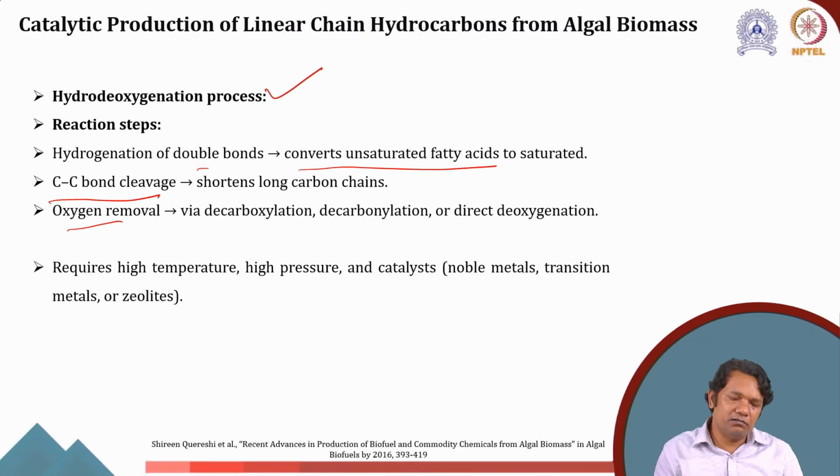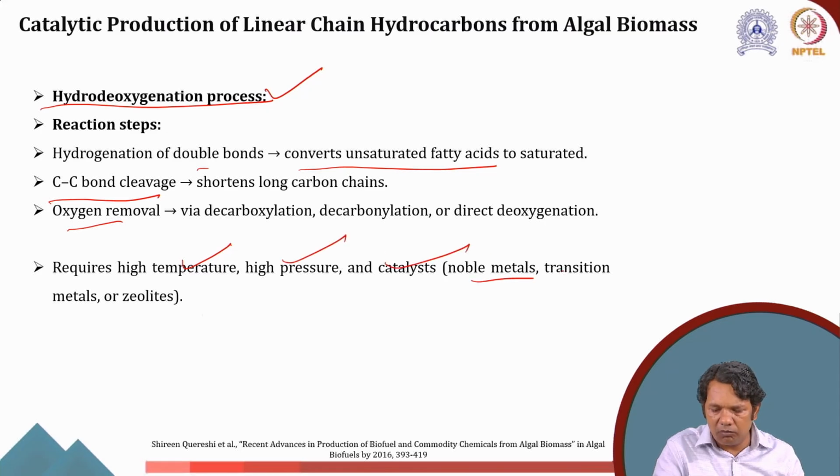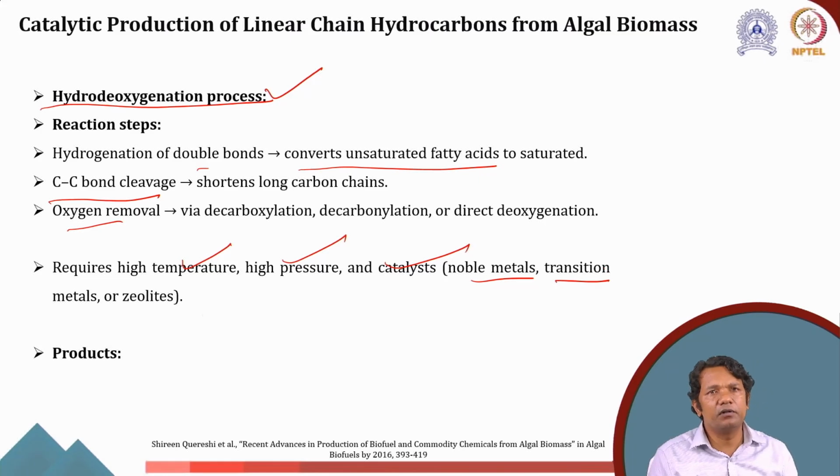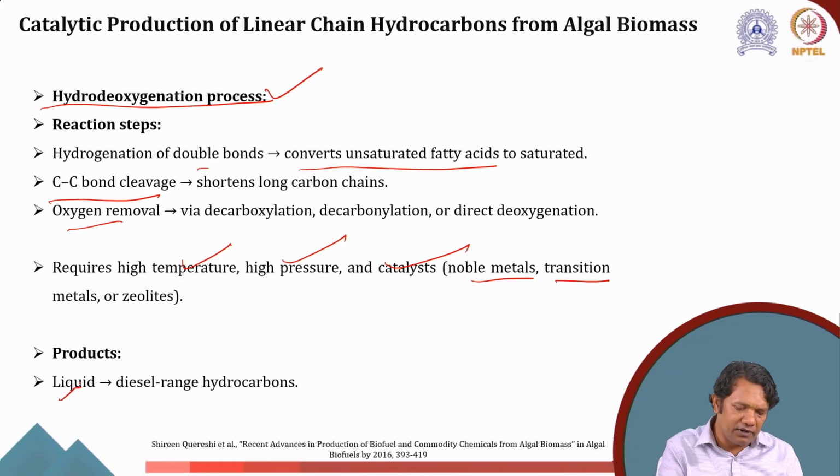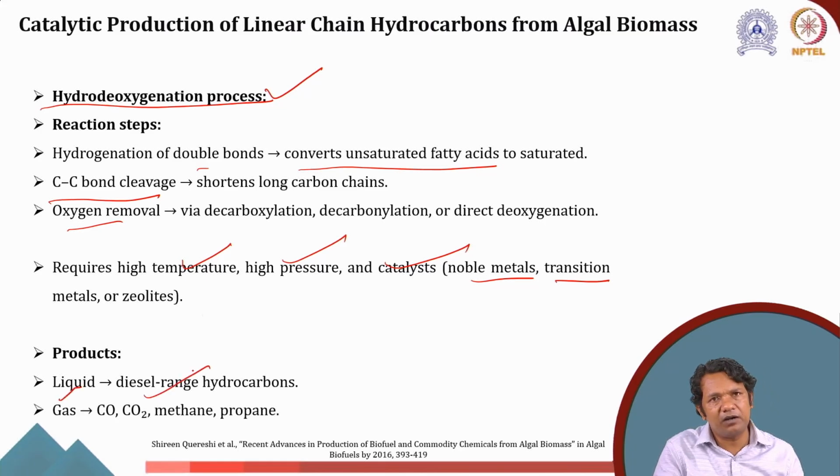So herein, what we need is a catalyst, and as the name itself suggests, hydrodeoxygenation means we need hydrogen. So we have a high temperature requirement, high pressure, and a catalyst, particularly a noble metal, transition metal, or zeolite catalyst, to proceed with this reaction. Once the oxygen is removed, the end product we get is liquid, which is diesel, and hydrocarbon gases, which are CO, CO2, methane, and propane.